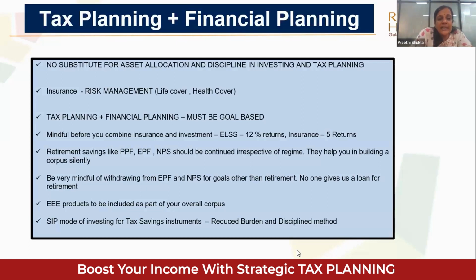The second point that I would like to mention here is insurance is one of the options or investment avenues many of us use to cover ATC. We take a life cover or probably a money back policy. We have come across many clients who have multiple endowment, multiple money back policies.